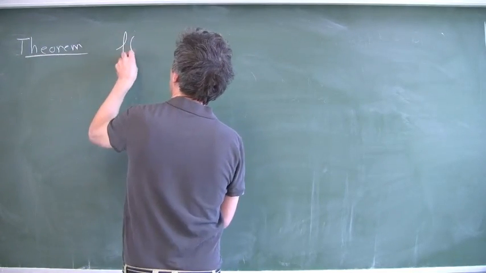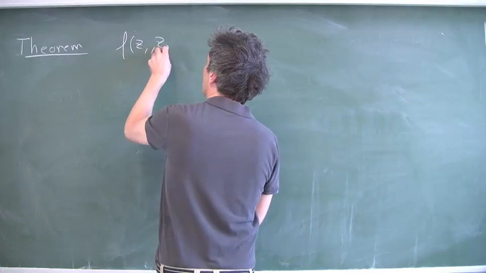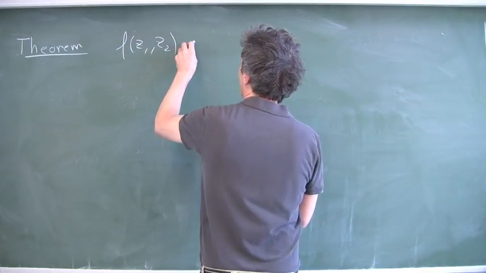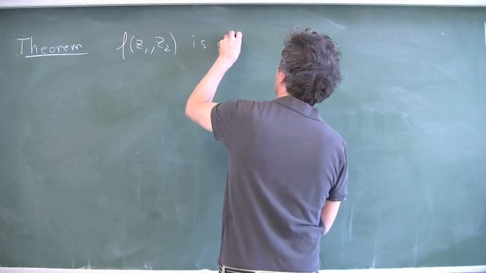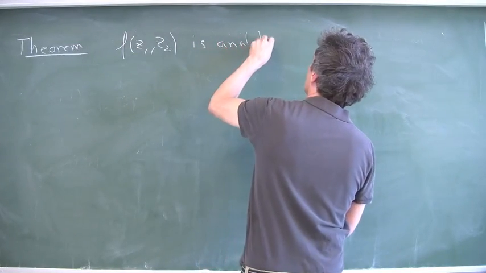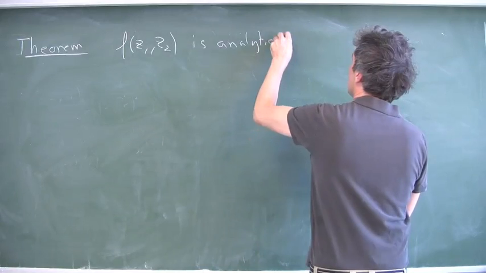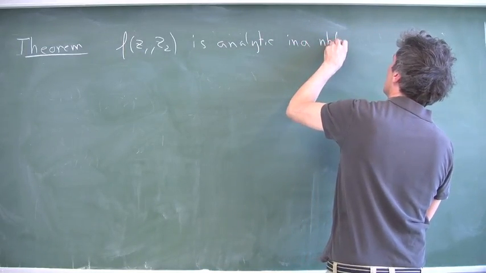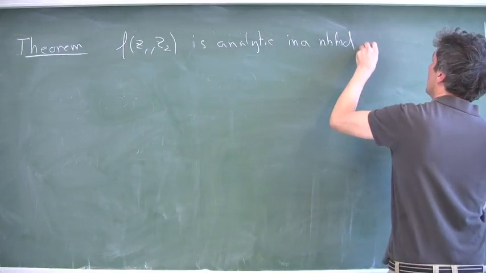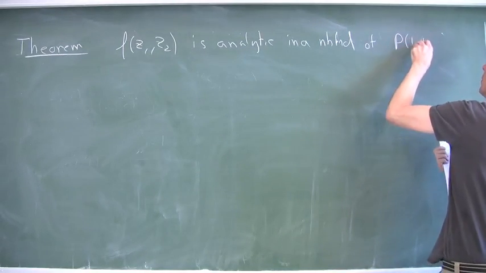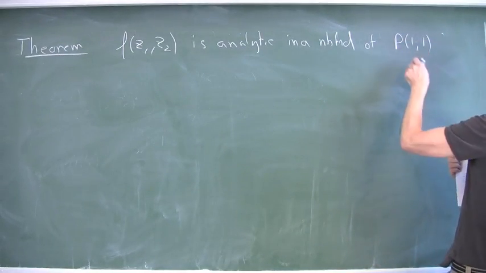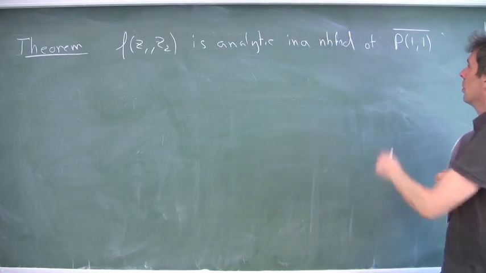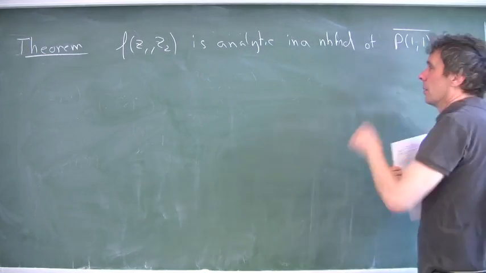We suppose that we have a function, we call the variables Z1 and Z2 now, which is analytic in a neighborhood of, we take this standard polydisk then, and we suppose that it's analytic in a neighborhood of the closure of that polydisk.